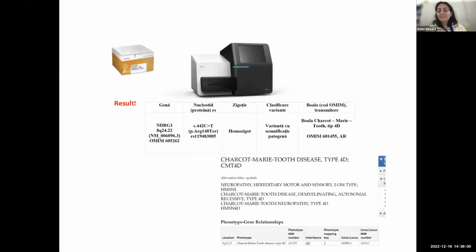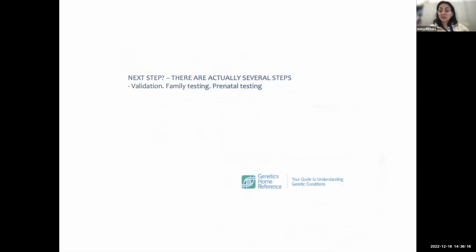After this, we were able to offer her the result. We were able to counsel her and say which are the next steps that we, she and her family have to do, because there were several steps to perform. We first validated the variant found through this method using a targeted method this time, capillary sequencing.